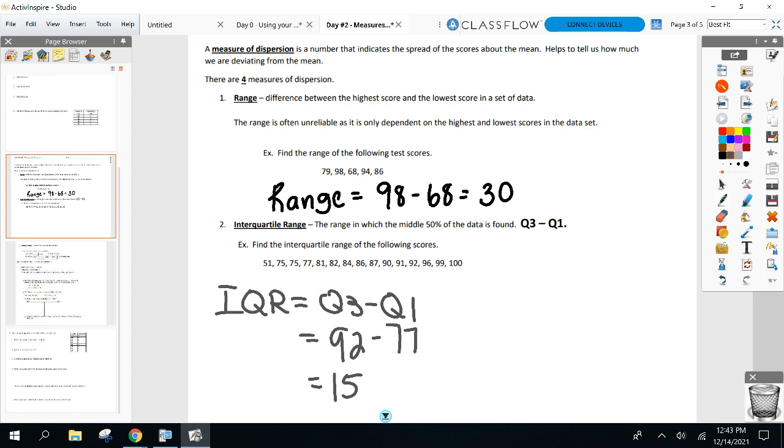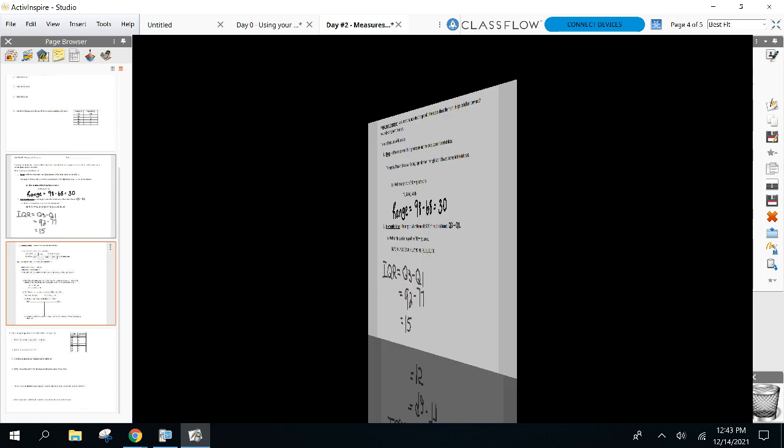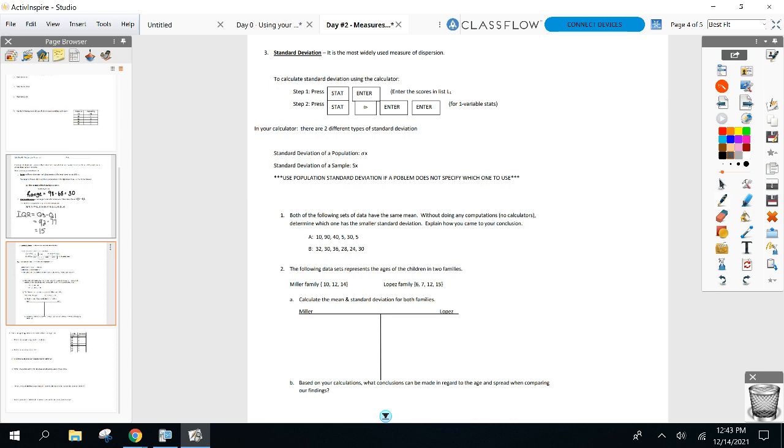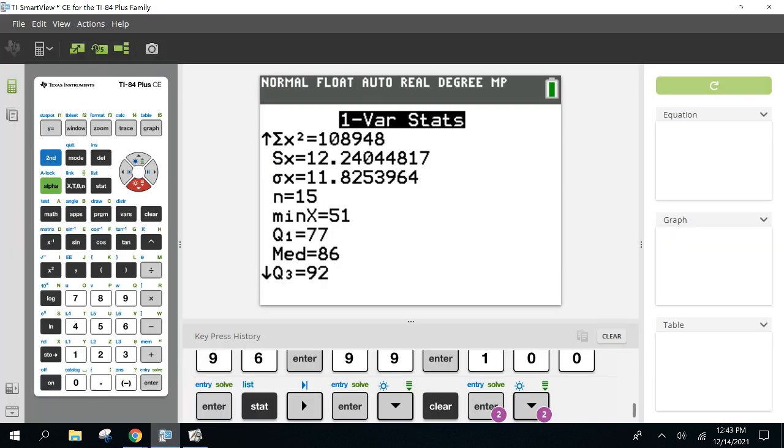So is there one last thing that maybe can narrow this down for me, that I can look at and can tell how close or how far apart all my scores are? And this is where we're going to be most of the day today, and that's on standard deviation. Let me bring my 1-Var Stats screen in here.